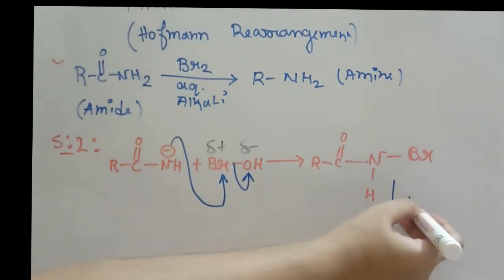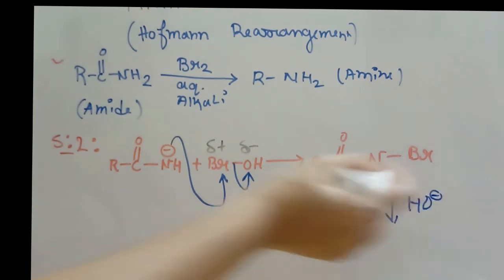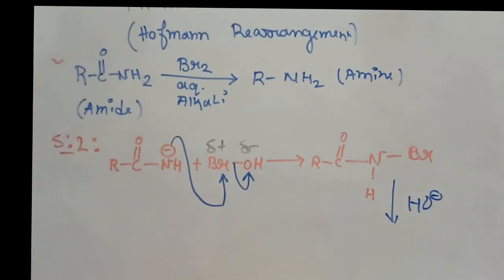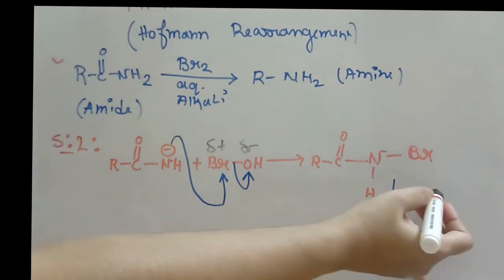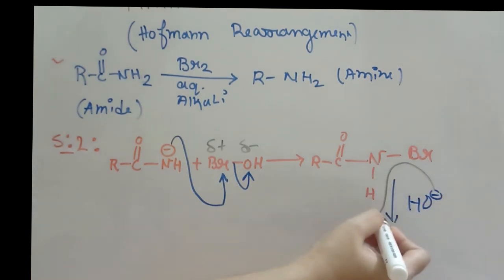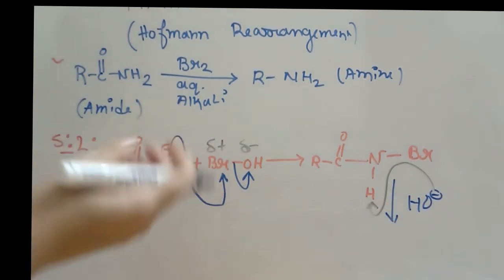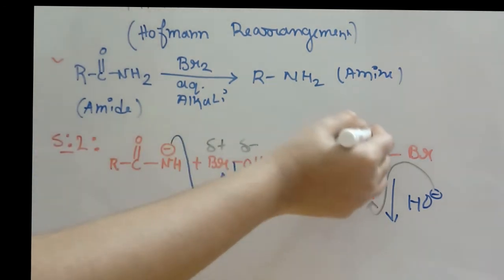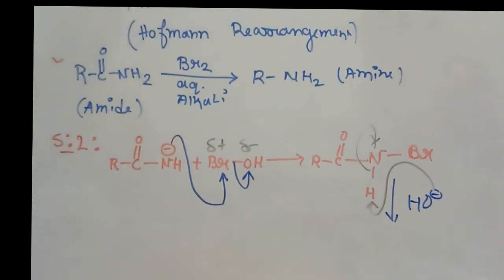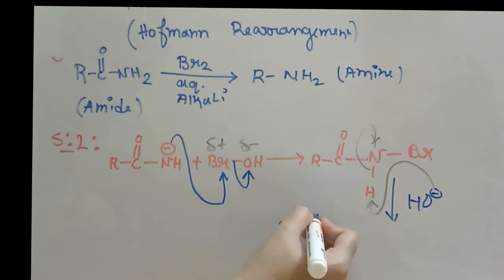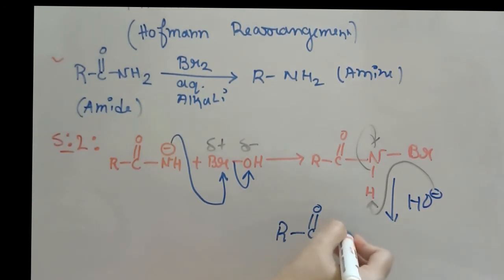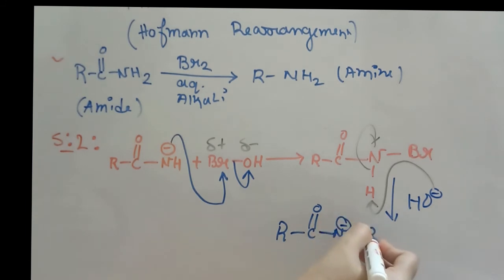Base is still present in the medium, so it also captures another acidic hydrogen present on the nitrogen beside the carbonyl group, and again a negative charge comes on the nitrogen atom. That forms N negative and bromine.